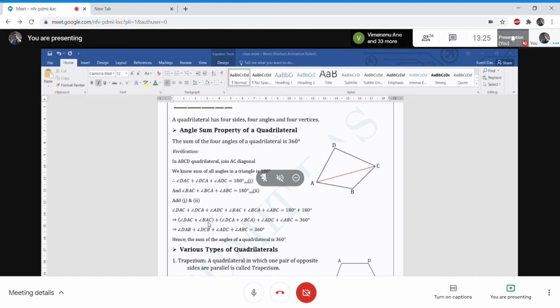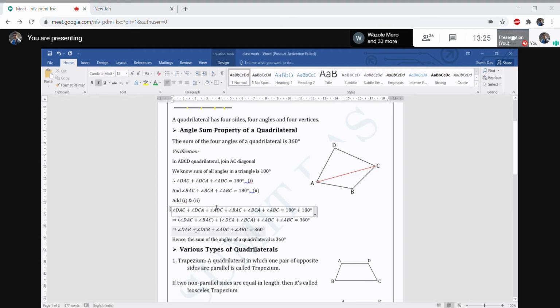DAC plus BAC gives you DAB, right? And DCA and BCA give you DCB. Understood? This bracket gives you DCB, and this bracket gives you DAB. Then ADC and ABC remain.